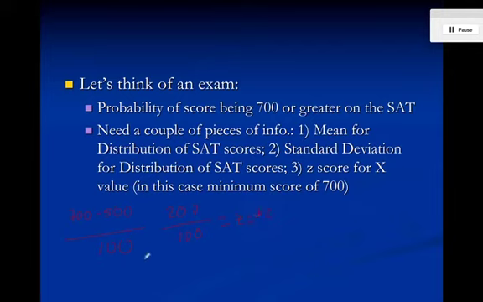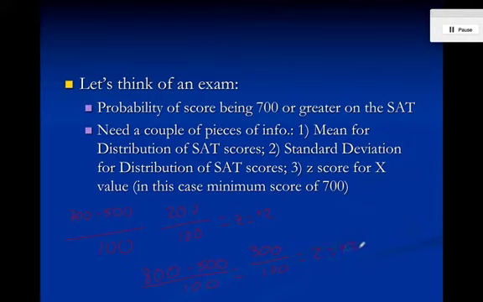Let's assume a person doesn't get a 700, but they got an 800. So 800 minus 500, divided by 100, gives me 300 divided by 100, giving me a z-value equal to positive 3.